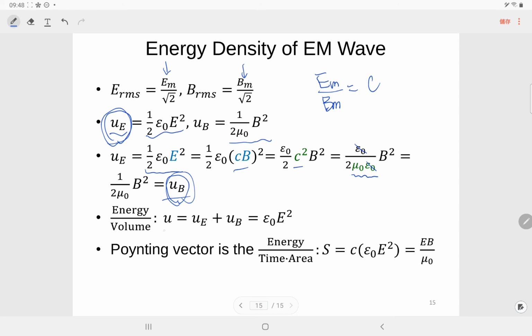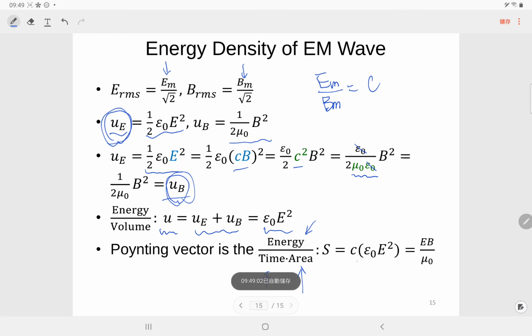So in this case, the total energy per volume in the EM wave should be, you add UE and UB together. As long as they are the same, it's just like 2 times UE, which is epsilon naught E squared. So the Poynting vector is actually the energy per time per area.